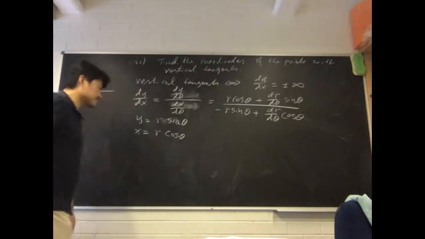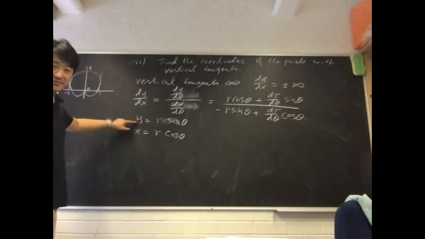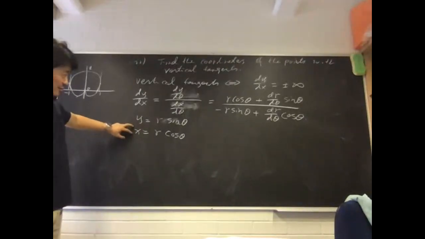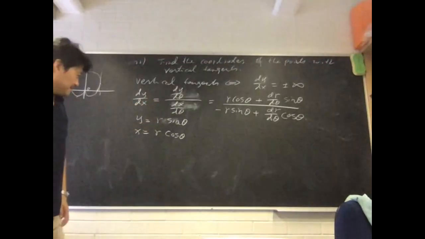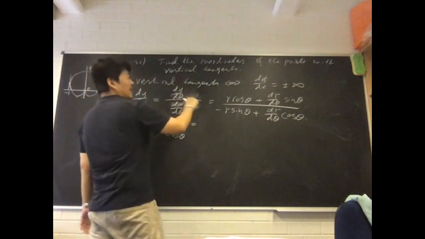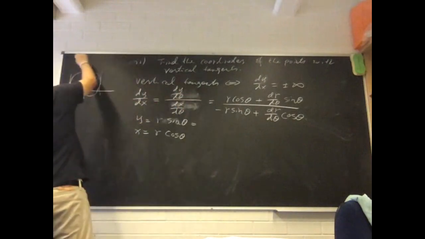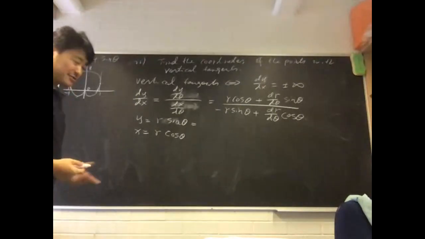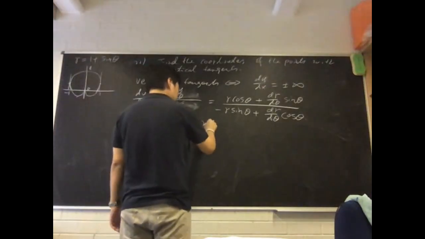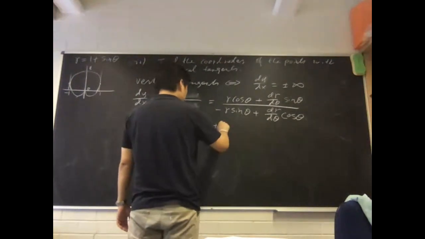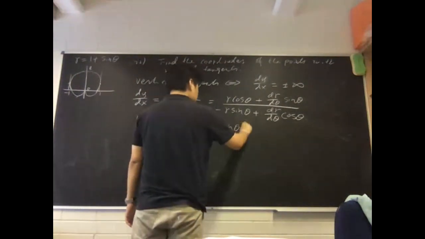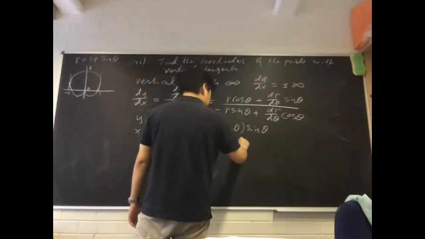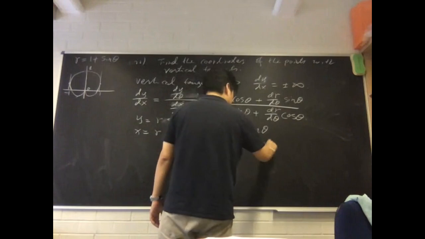So I want to differentiate this with respect to theta, and differentiate that with respect to theta, and see when the denominator is 0. Now r, from the very beginning, is 1 plus sine theta. So let's put that in. So y is 1 plus sine theta times sine theta, and x is 1 plus sine theta times cosine theta.